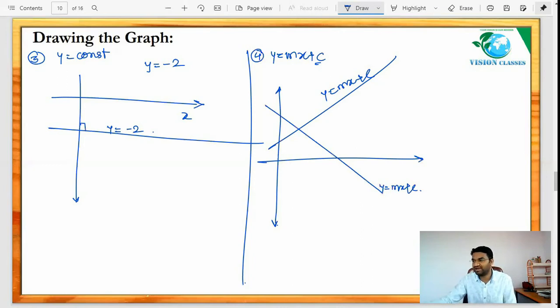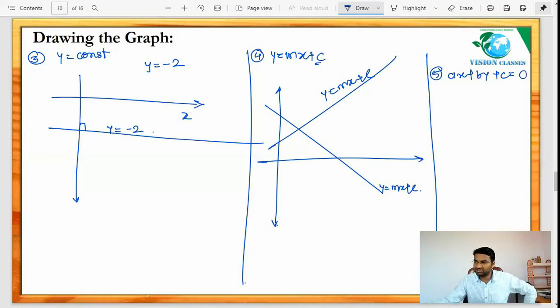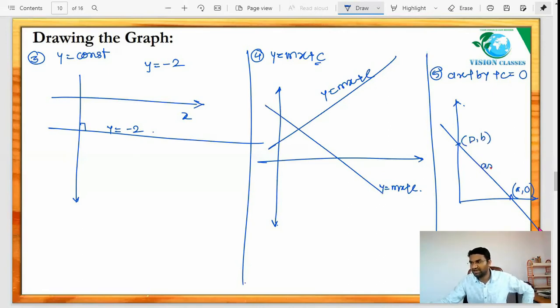The next type of equation, which is the fifth one, is ax plus by plus c is equal to 0, which we have discussed earlier. This is in the form of a intersection and b intersection. So (a, 0) is the x intersection and (0, b) is the y intersection.